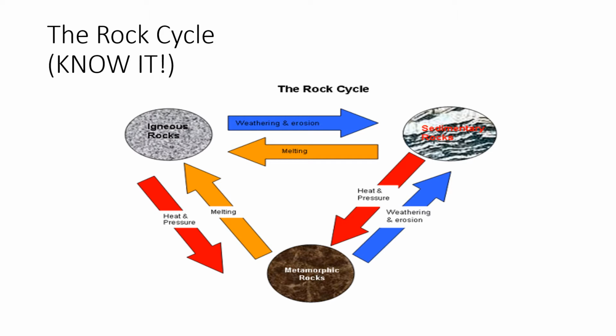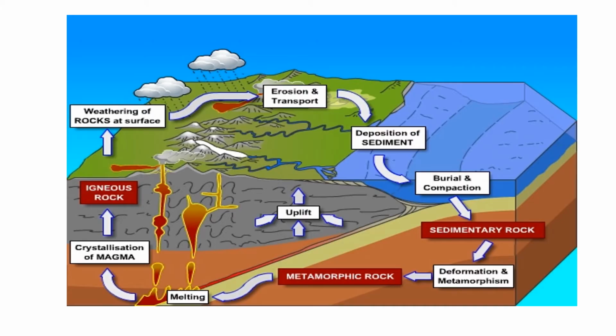And so either it weathers and erodes into sediment to create sedimentary rock, or using a lot of heat and pressure, it ends up becoming metamorphic rock. And so it's a cycle. Really, all the other rocks can become the other types depending on their conditions.